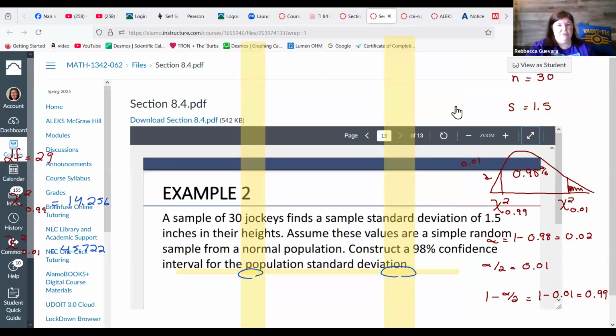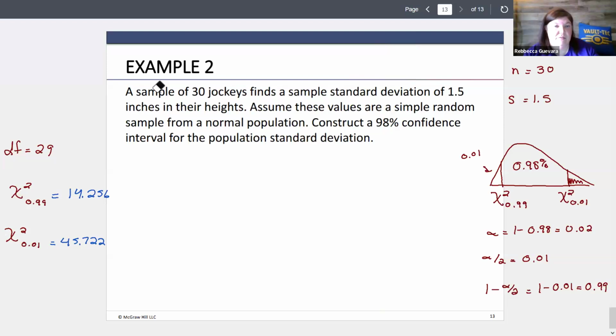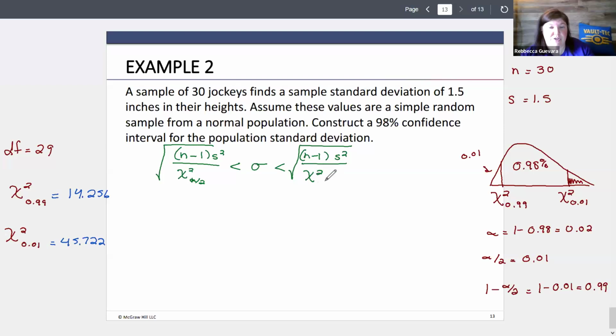All right, so let's go back here. As we said before, the formula for this is going to be the square root of n minus 1 times s squared divided by chi-squared of alpha divided by 2, which is less than sigma, which is less than the square root of n minus 1 times s squared divided by chi-squared of 1 minus alpha divided by 2. So it's bigger score, smaller score.